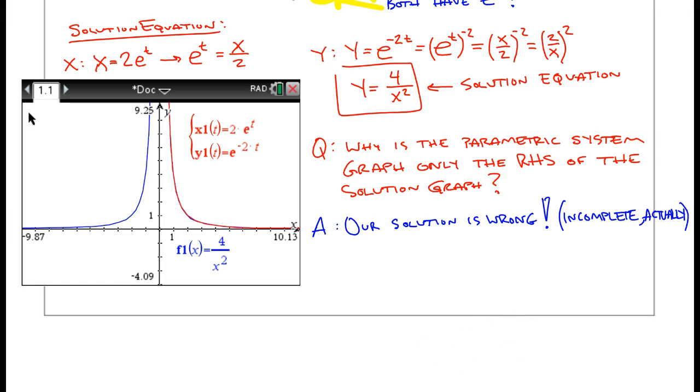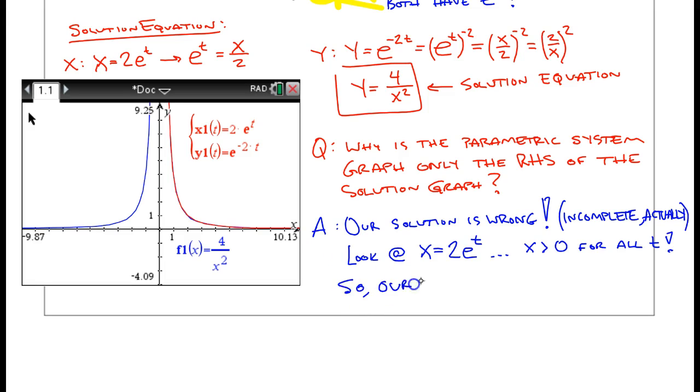It's just incomplete. So how can we complete it? Let's look at the original system. We're going to look at x equals 2 times e to the t. This x is going to be greater than 0 for all t. Because x is always going to be positive, we need to restrict the domain on our solution equation.